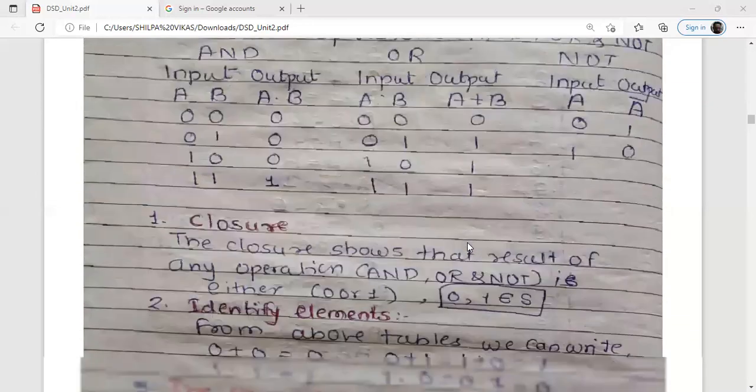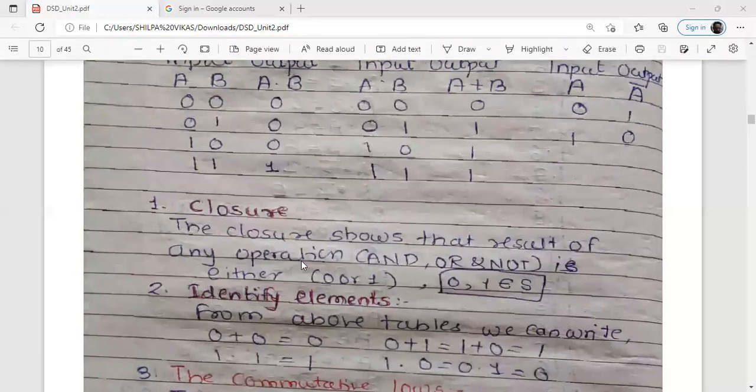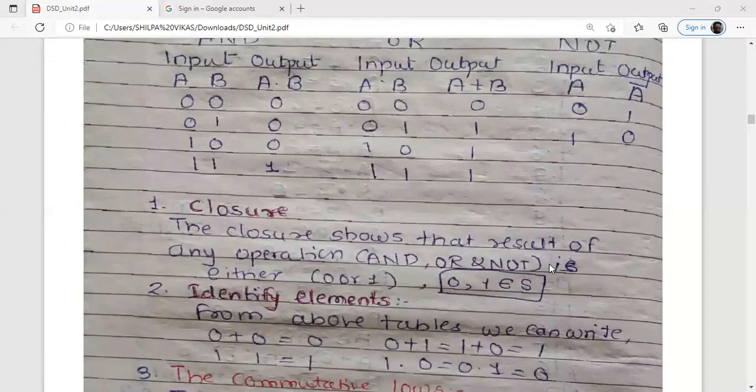In closure, the result of any operation, AND, OR, or NOT, is either 0 or 1, because we are using binary numbers. We have only two values, 0 or 1.